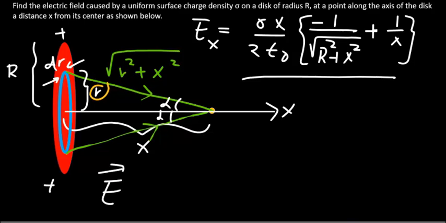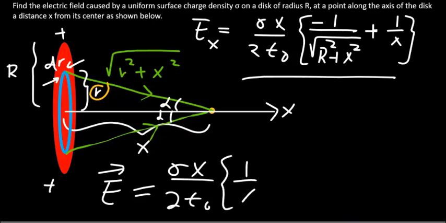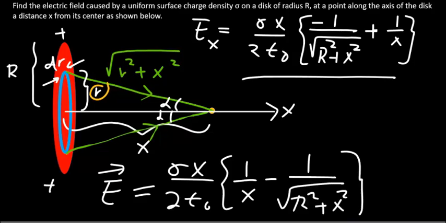Since the electric field due to that entire disk at a point along the x-axis, a distance x away from the center of that disk, is given by that expression, the complete expression for the electric field is therefore given by the following formula: sigma over 2 epsilon naught, 1 over x minus 1 over the square root of r squared plus x squared.